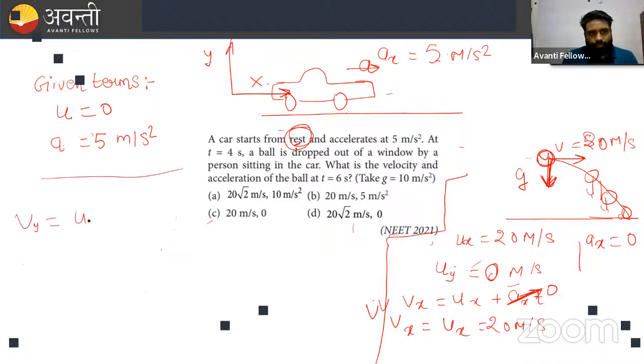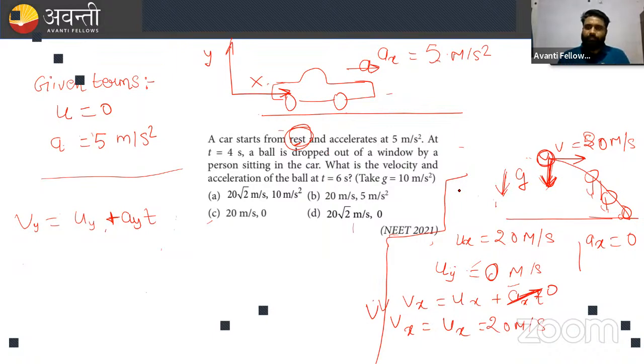vy is equals to uy minus, और प्लस ये अभी डिसाइड करेंगे, अभी के लिए प्लस ay into t. Okay, हमने velocity को भी negative direction में, in the direction of acceleration ले लिया, and acceleration is also downward. So these both quantities are in same direction, so we have to consider plus sign. If the velocity and gravity are opposite to each other, then we will consider minus.